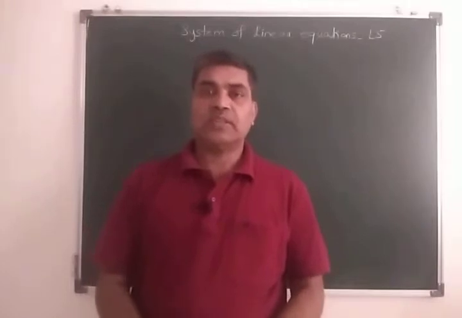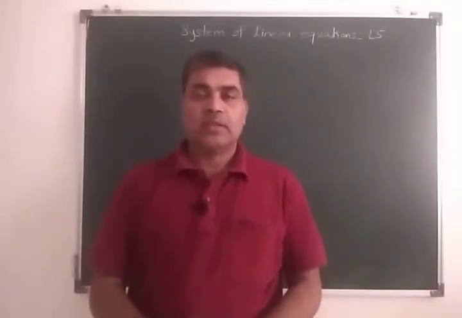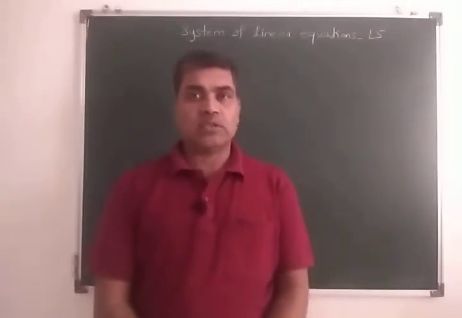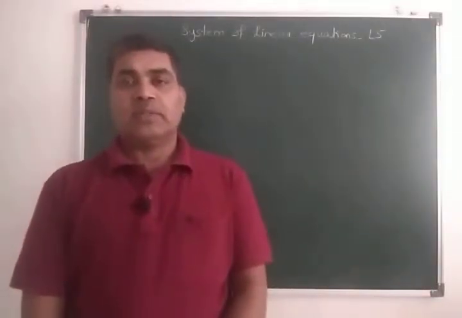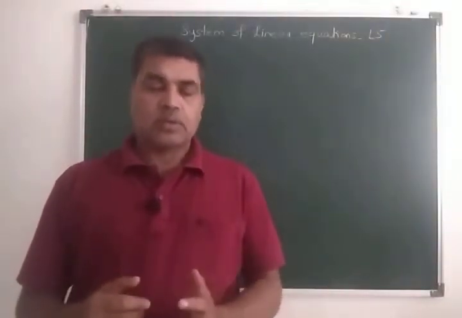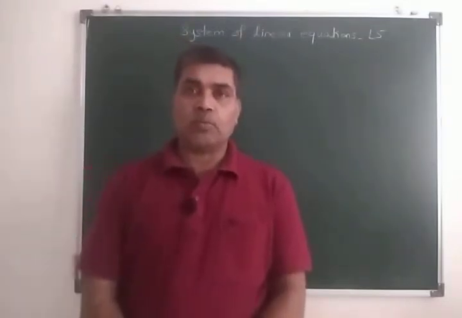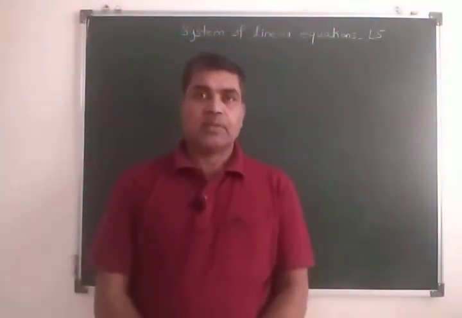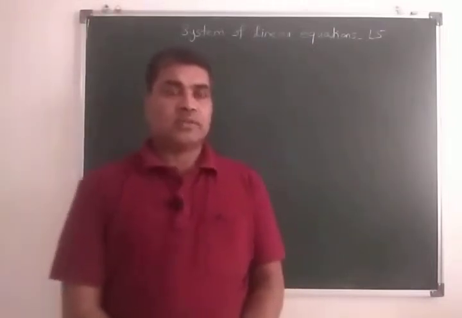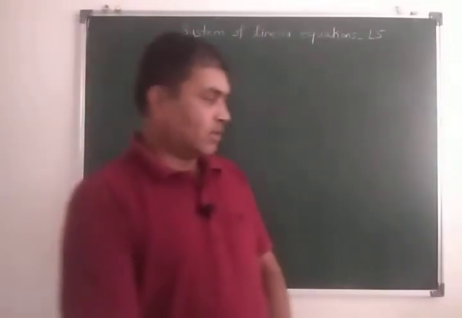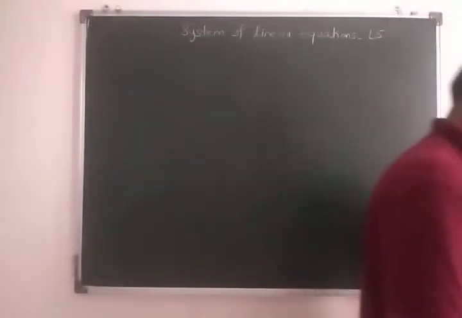Then how to solve that system with the help of Gauss-Jordan elimination method, Gauss elimination method, with the help of row echelon form of matrix and row reduced echelon form of matrix. So in this lecture we will solve some examples from exercises.